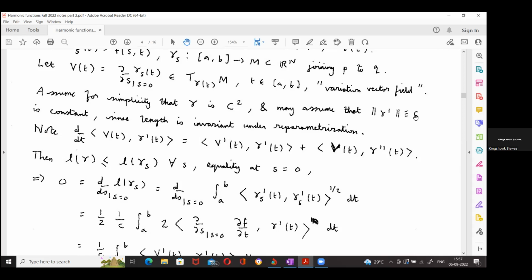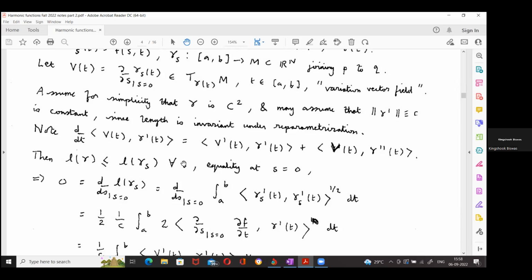Now note that d/dt of the inner product between V(t) and gamma prime of t is, by the product rule, the inner product of V prime and gamma prime plus the inner product of V and gamma double prime.